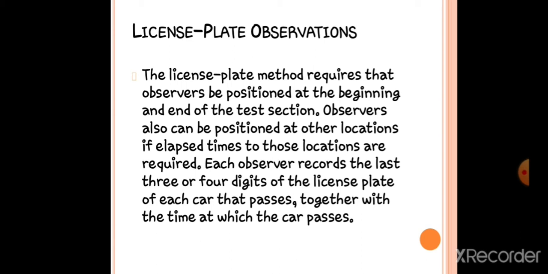Observers can also be positioned at other locations if elapsed times to those locations are required. Each observer records the last 3 or 4 digits of the license plate of each car that passes, together with the time at which the car passes.